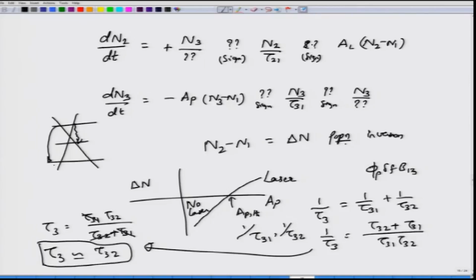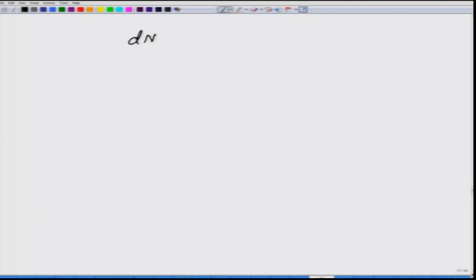Of course, you could generalize this result to a 4 level system. I am not going to do that, but what I am going to do is consider what happens in the steady state condition, in which all of these terms, dn3 by dt, dn2 by dt, dn1 by dt, are equal to 0.